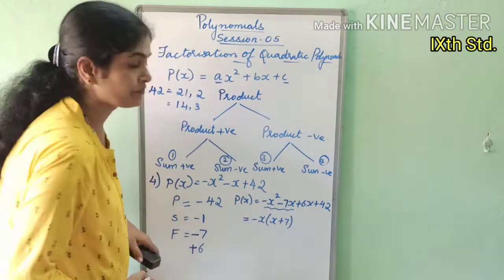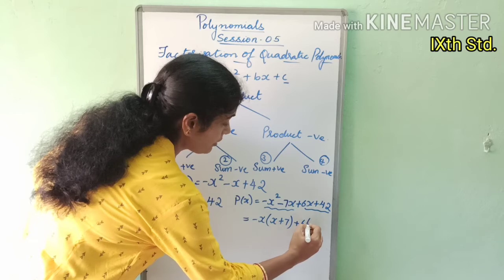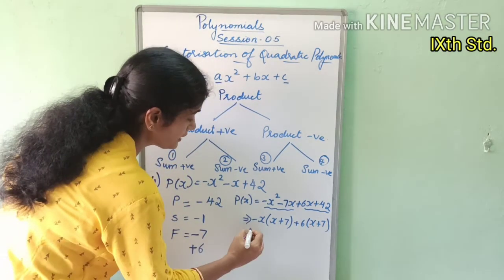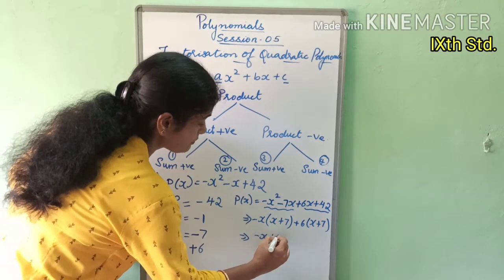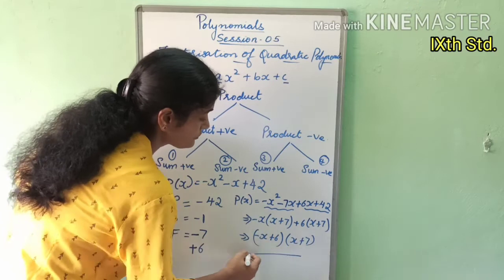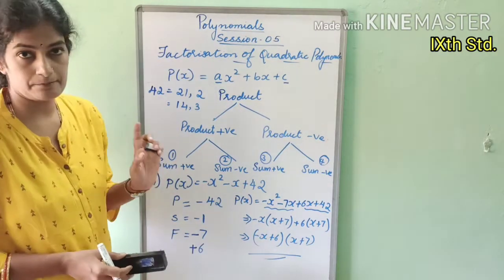And here, for the next two terms, you can take 6 common, and x plus 7 will be remaining. So this leads to minus x plus 6 into x plus 7. These are the factors of P of x.